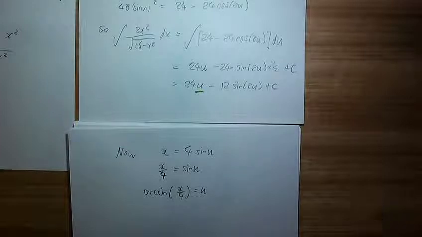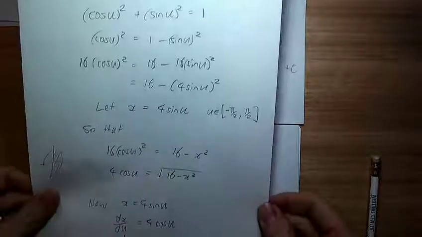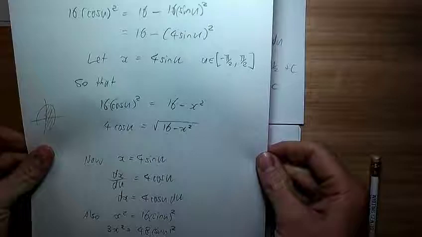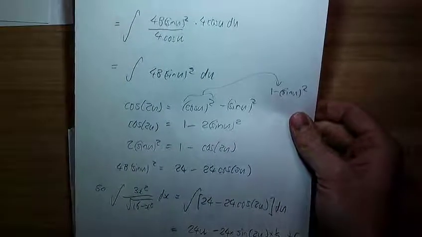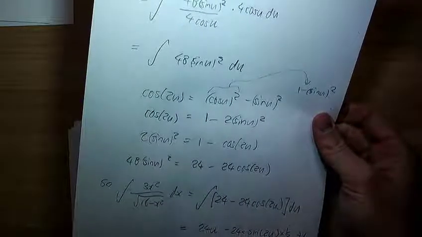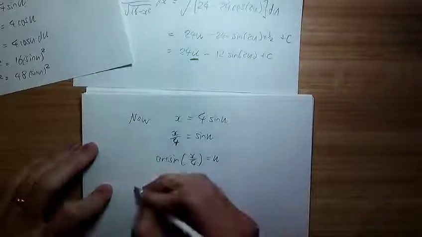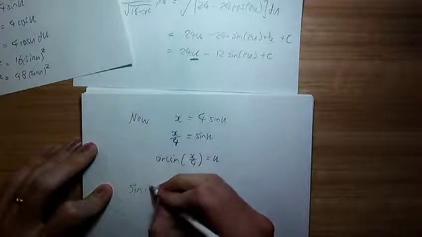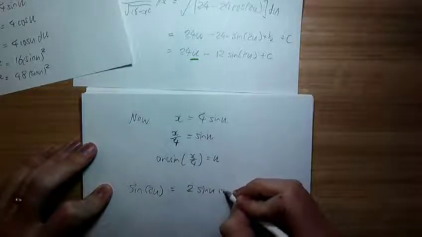All right. I need to find sine 2u. I don't have any sine 2u's, so I'm going to have to make it myself. Sine 2u would be 2 sine u cos u.